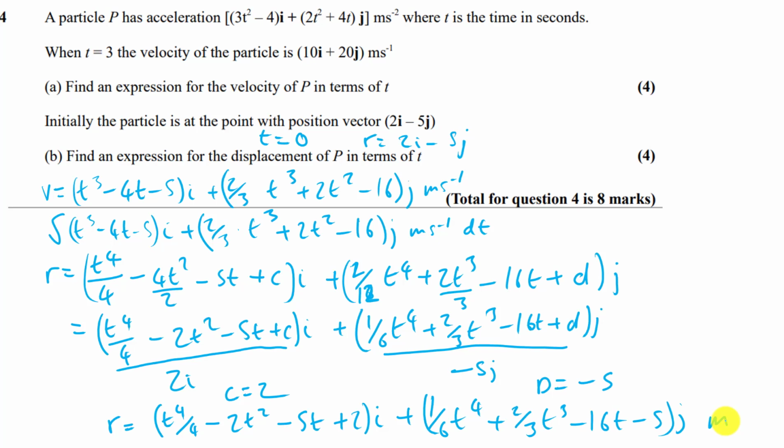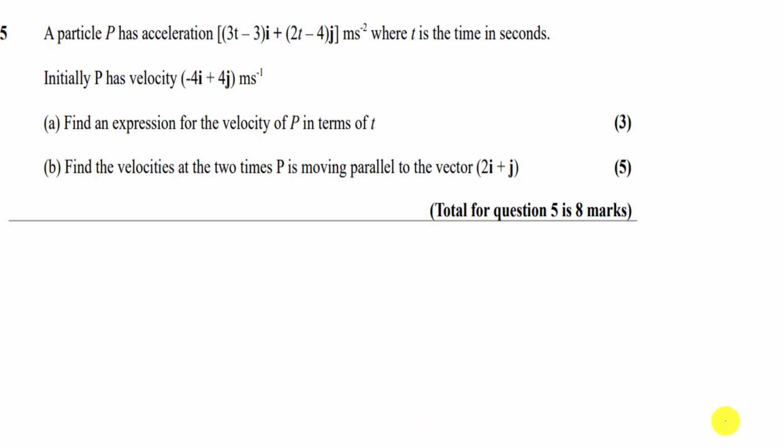So question 5, it's not as hard as you think. I think you can do that on your own. I'll give you some time to do that, because I forget to do that sometimes.